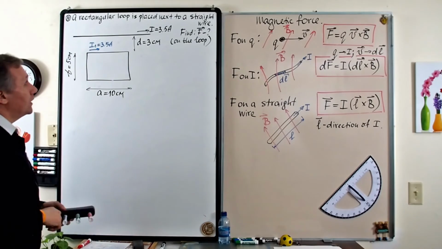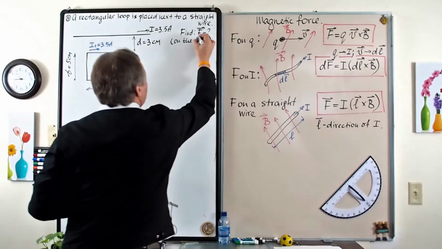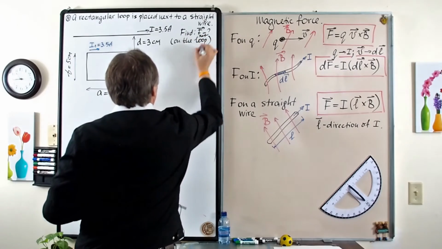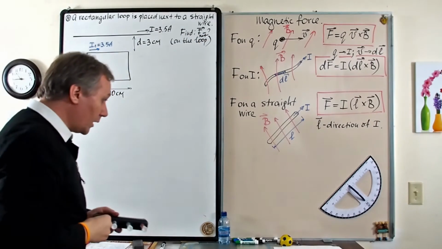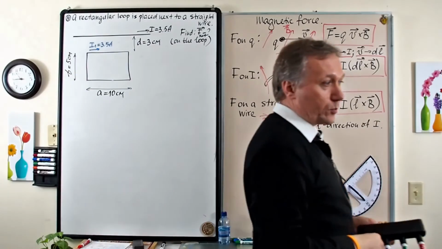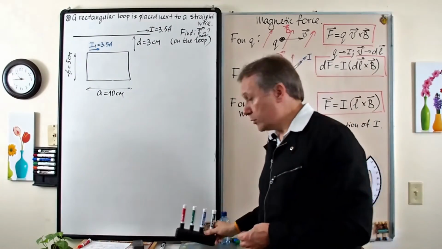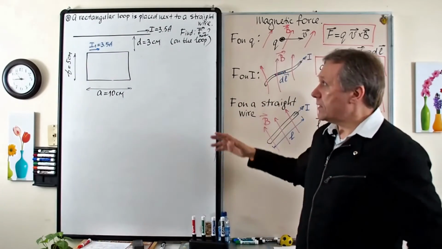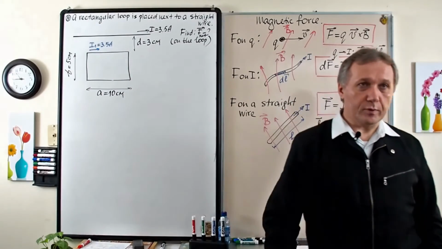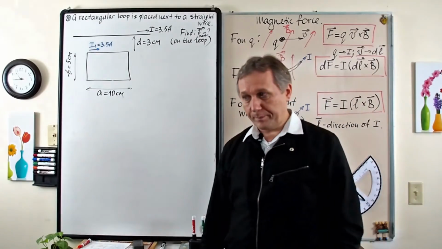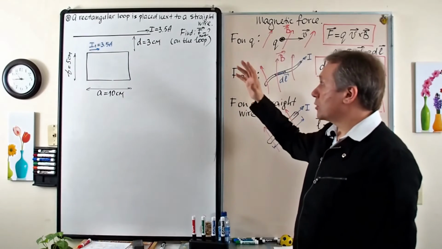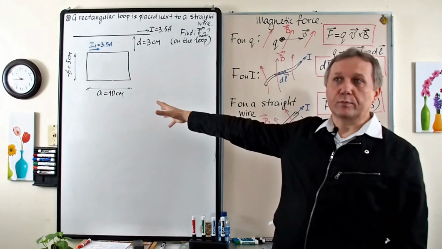So we need to find net force. Maybe you know what, let me add F net. And again, before we start solving this problem, getting into the details, we need to understand the idea. And the idea is similar to the idea of the example which I discussed yesterday in the lecture. And they are similar to the idea which I just used in the previous problem, right?